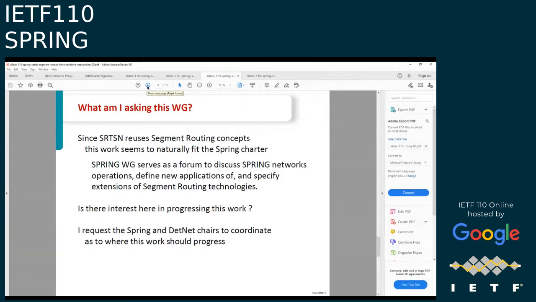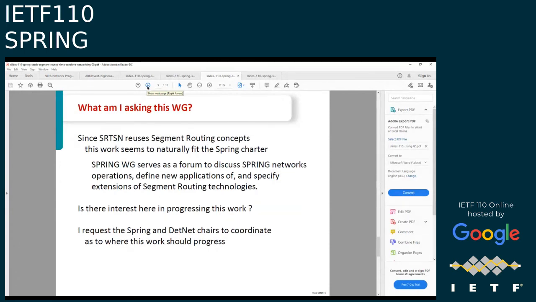So what am I asking for from this working group? Since this draft talks about both segment routing and time sensitivity, it's not so clear where this should be discussed, whether in Spring or in DetNet. And since we're going to be discussing how to optimize all this, there's also PCE kind of aspects.